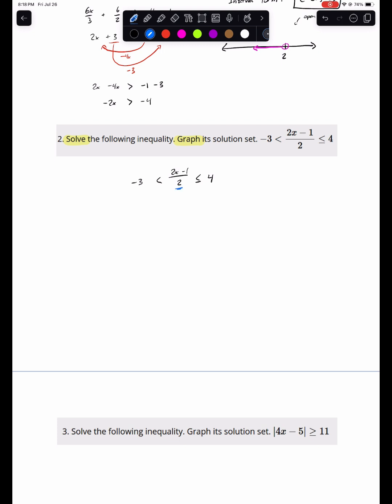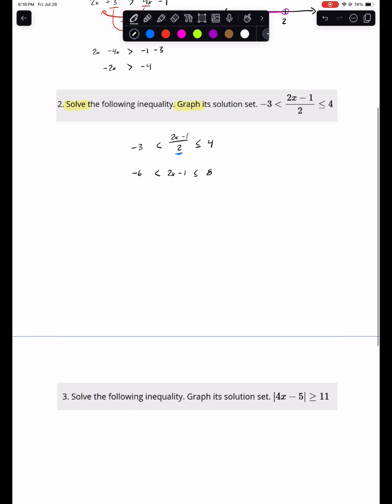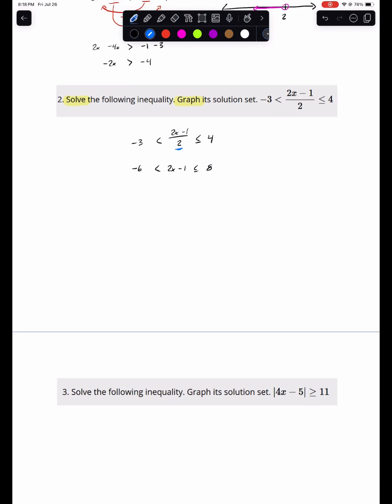So we multiply both sides by 2, we get negative 6 less than 2x minus 1 less than or equal to 8. We add 1 to everything to get rid of this minus 1. So negative 5 less than 2x less than 9.